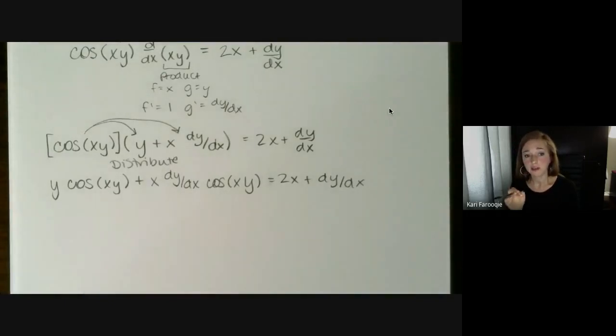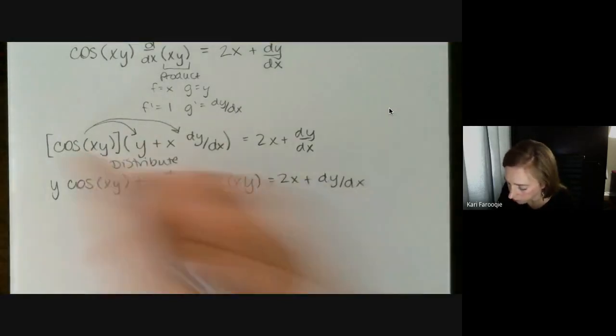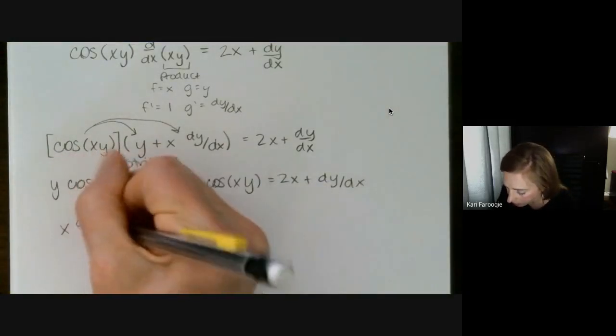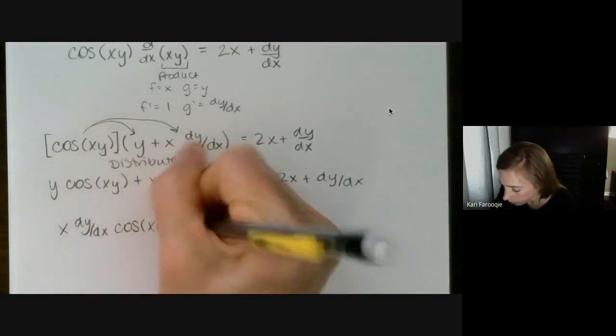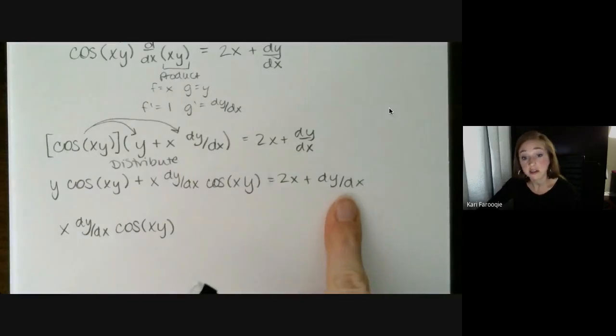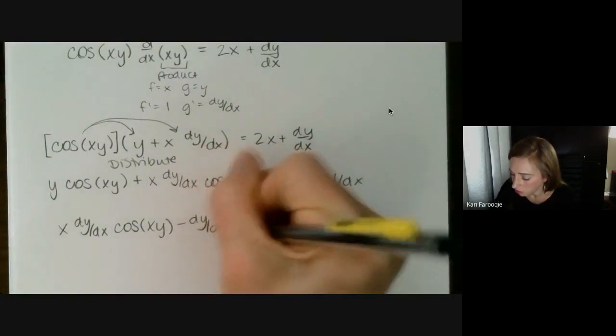Now, anything with the dy/dx on it, I want on one side. Any other terms are going to go to the other side. I'm probably just going to leave this one here. A lot of times I just leave the left alone. x dy/dx cosine xy, and then I'm going to take the dy/dx from the right and subtract it over to the left.